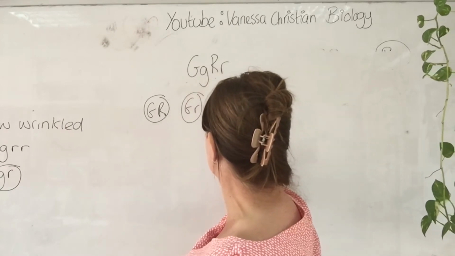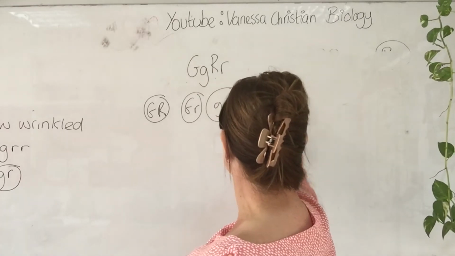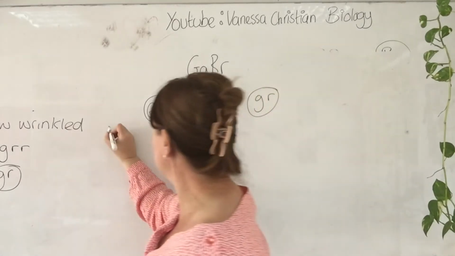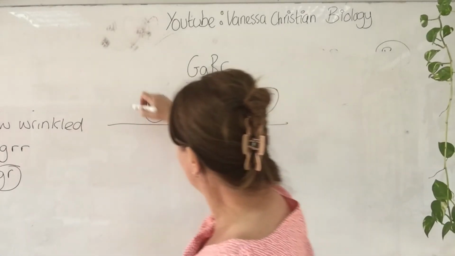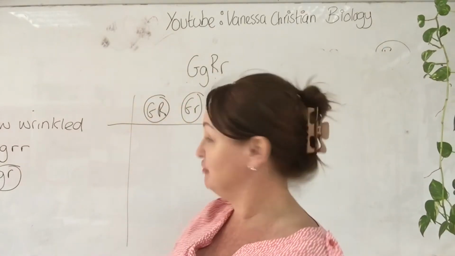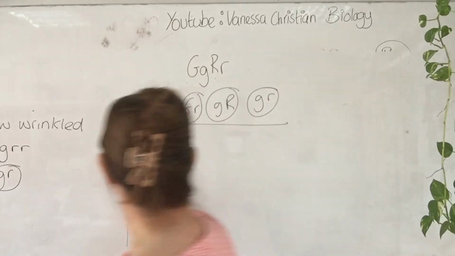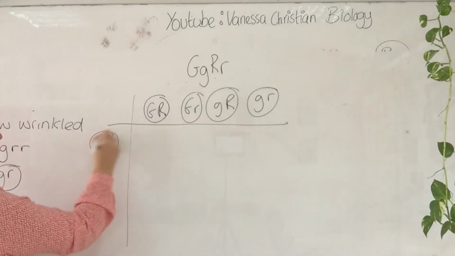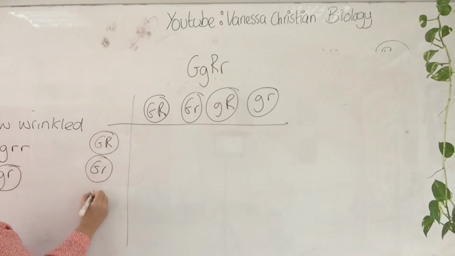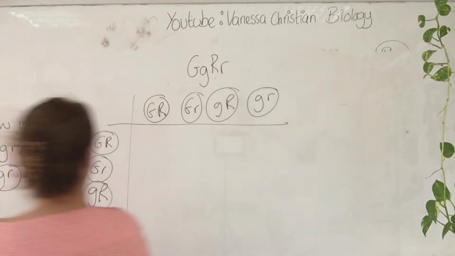This G can combine with this, and this G can combine with this. Agreed? And if we're crossing that with more of the same, because it's the F1 generation with the F1 generation, I'm going to have exactly the same down the other side. So I'm going to have GR, GR, GR, GR.